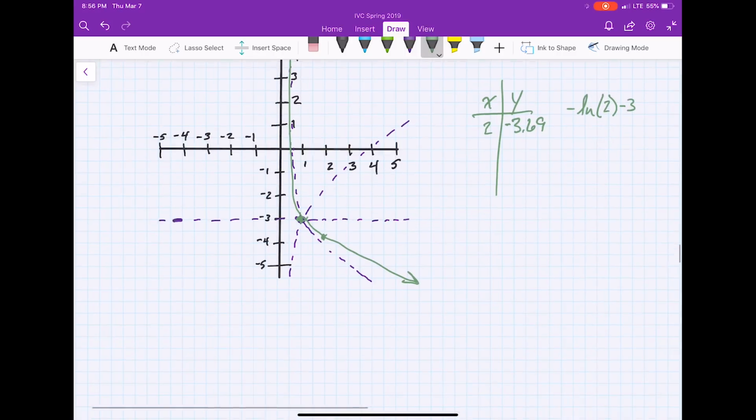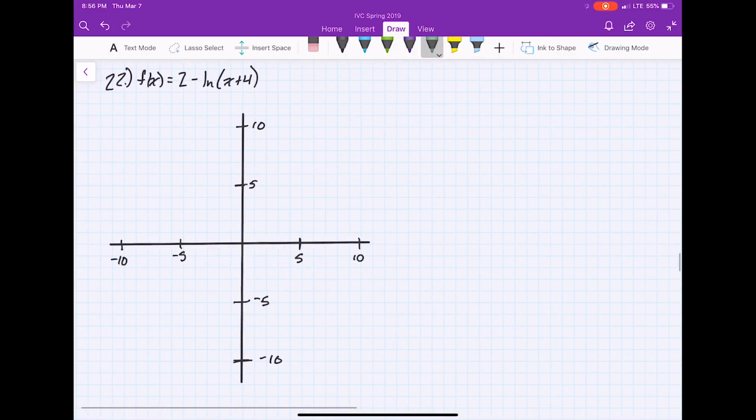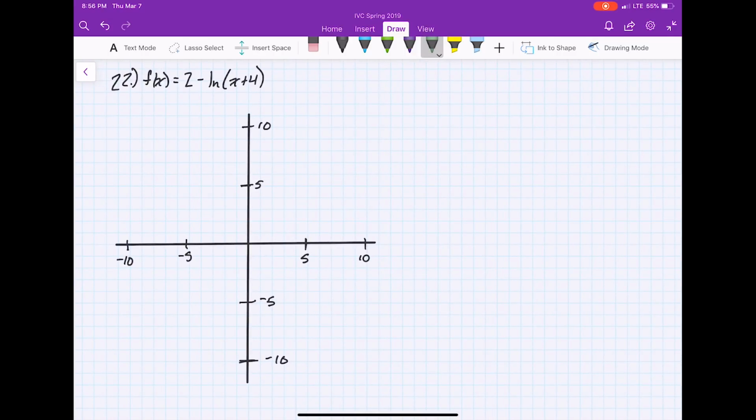We'll move on to number 22. On this one, again, we can just reorganize this to be negative ln, the quantity x plus 4, plus 2. All right, so we have a couple things going on in this one. We have our plus 2, which means that the axis this is all going to be based on is now involved with this plus 2.